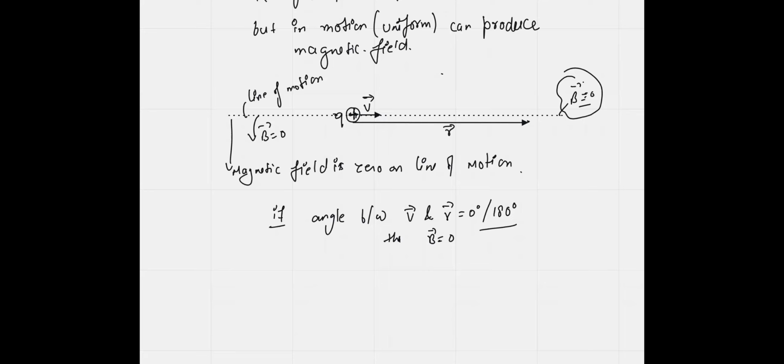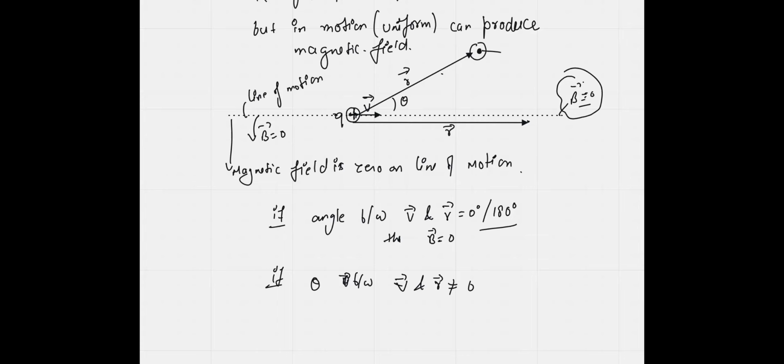After this, assume that I have another distance, maybe this. If I take this r, and say this is theta between v and r, and theta is not equal to zero, meaning it has some value, then at this point the magnetic field is going to be outward.